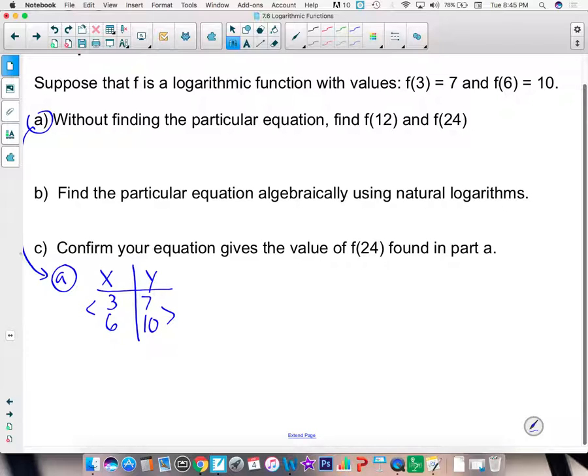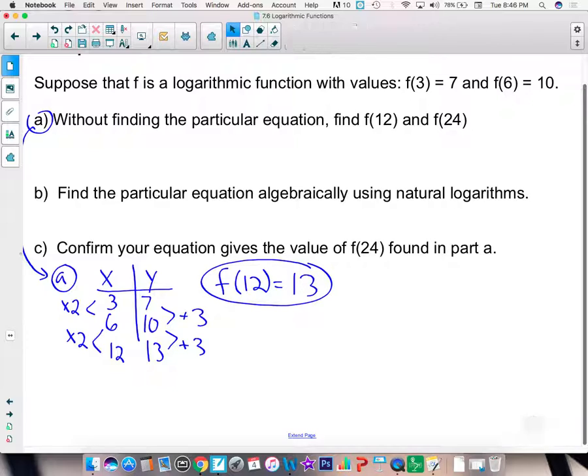So what are you multiplying by on the left? To get from 3 to 6, you'd be multiplying by 2. So the next number in line over here is going to be 12 if we multiply by 2. On the right, we're adding 3. So the next number in line is going to be 13. So f of 12 equals 13.